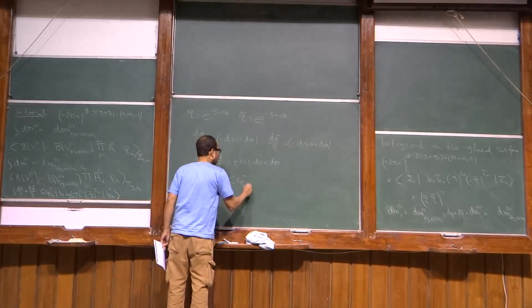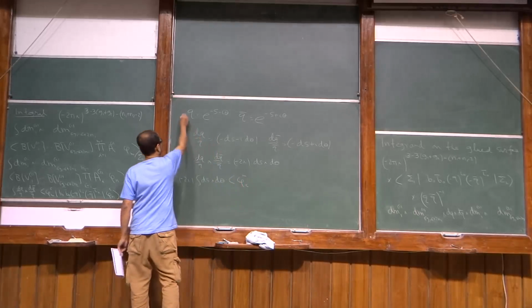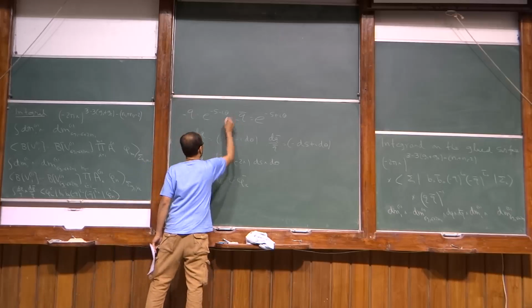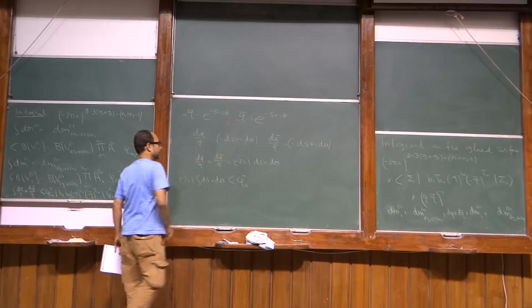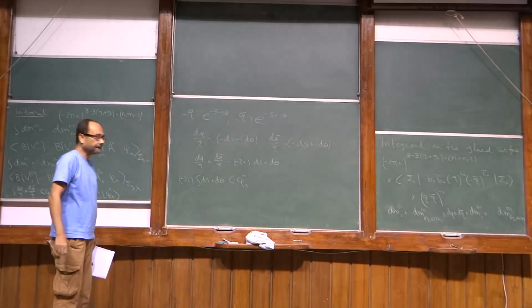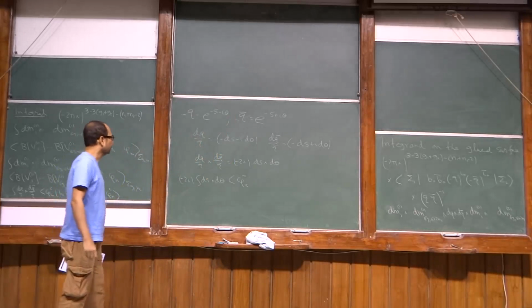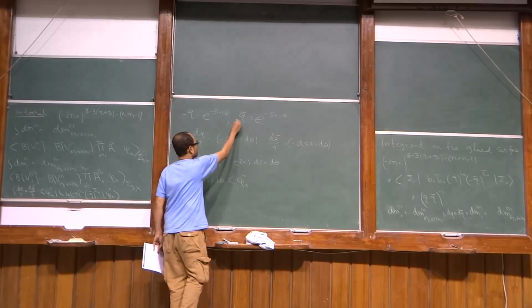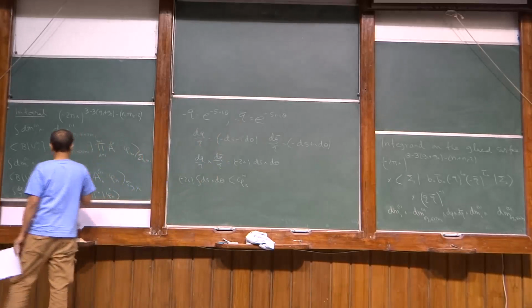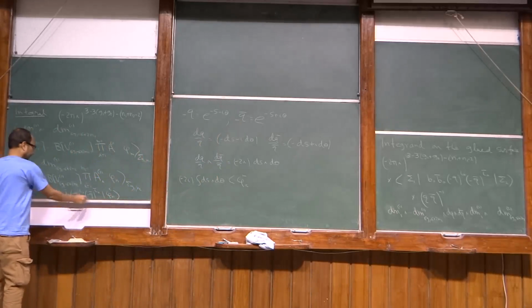So now we have minus 2i integral ds d theta. Maybe I just do this. I use a minus sign here. For this, it doesn't make any difference. I use a minus sign because there are minus signs over here, and there are minus signs over here.